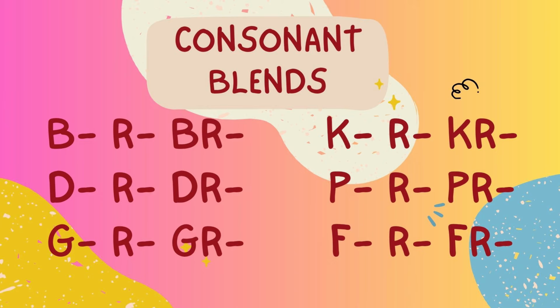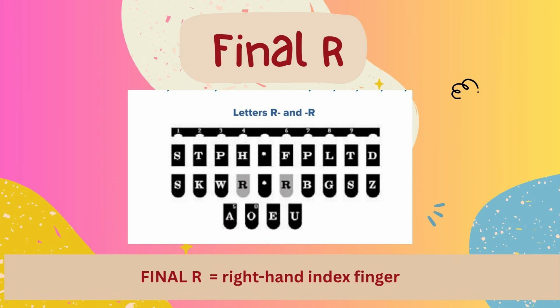Initial K, initial R, initial KR, initial D, initial R, initial DR, initial P, initial R, initial PR, initial G, initial R, initial GR, initial F, initial R, initial FR. All right, remember that these are all in the initial side of the keyboard, and thus you are going to use your left hand. And we're done with the initial R.